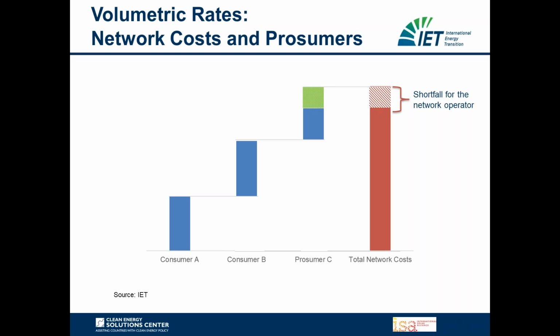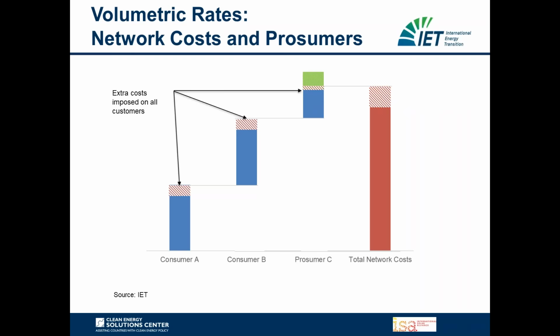And this means that we have a shortfall for the network operator, and he cannot recover all the money that he needs. So what the network operator will then do in the next round of rate design is say, hey, I have a shortfall here, and therefore I will need to get more money per unit of electricity that is consumed in order to refinance my system.